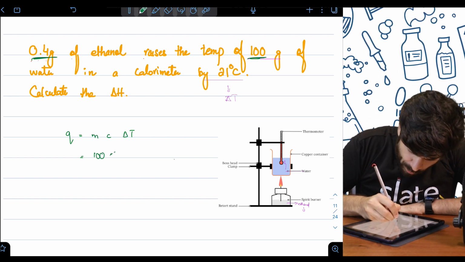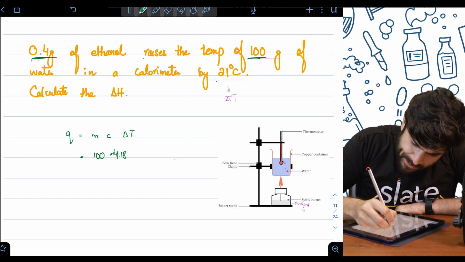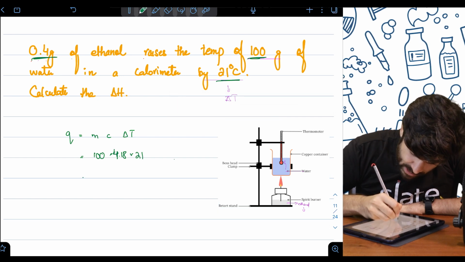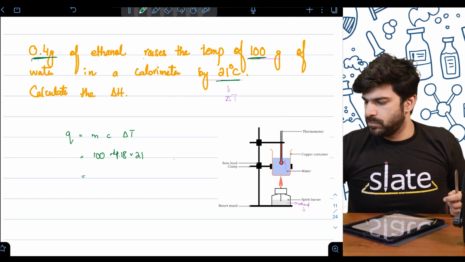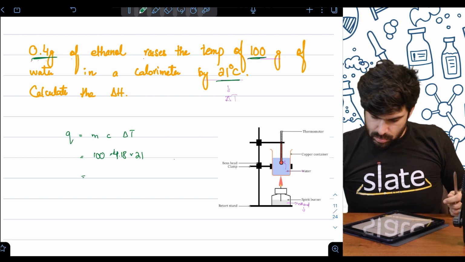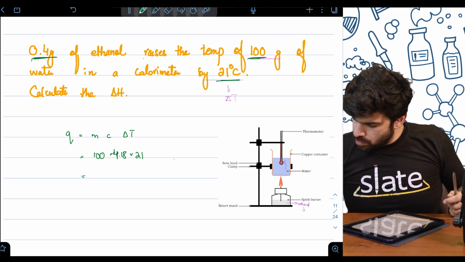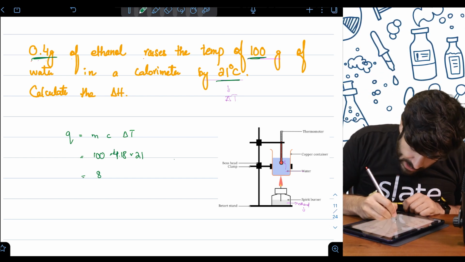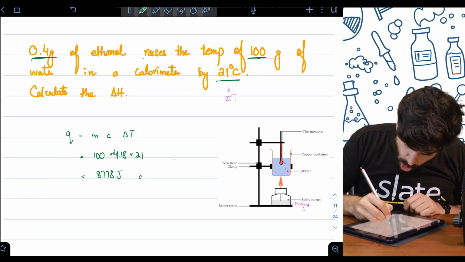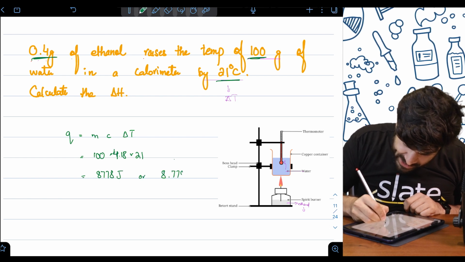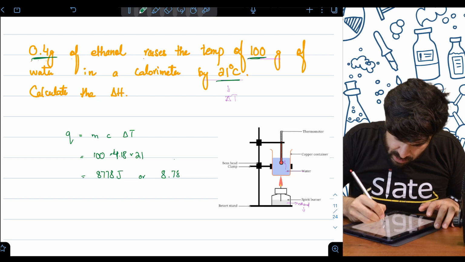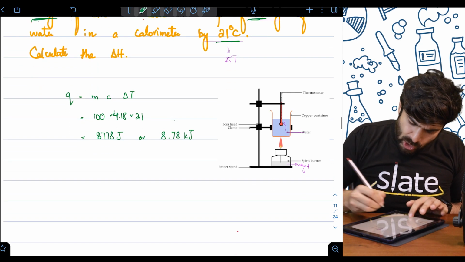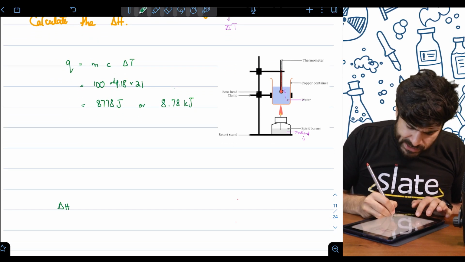So 100 into 4.18, and this is the temperature change as it raised the temperature, so into 21, and the answer will be 8778 joules or 8.778, or just 8.78 kilojoules.